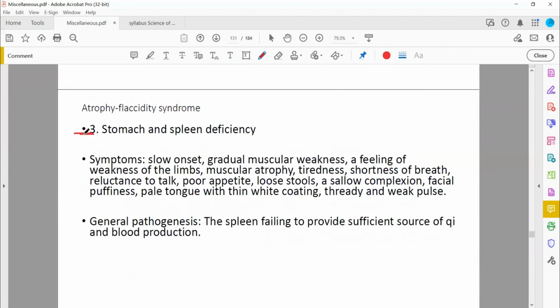From this one, there will be a deficient syndrome. Read this case yourself and analyze it to find out the stomach and spleen deficiency. Are there any keywords, key symptoms?